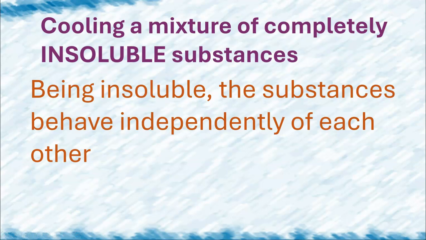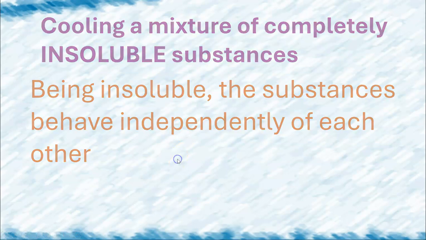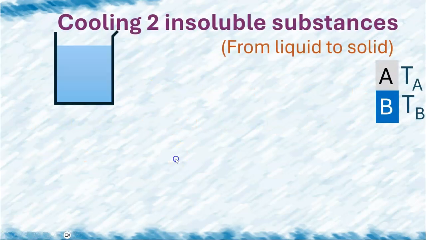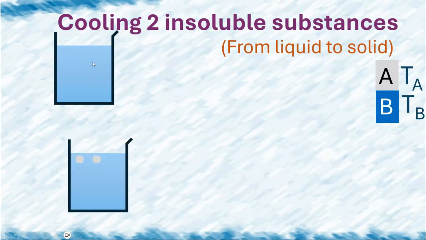Let's have a look at insoluble substances just to get our head around this. When two materials are insoluble, they don't like behaving like each other. They behave separately, like water and oil, for example. If I cool down a mixture of the two substances, we can reach the freezing point, the melting point of material A. It starts solidifying.